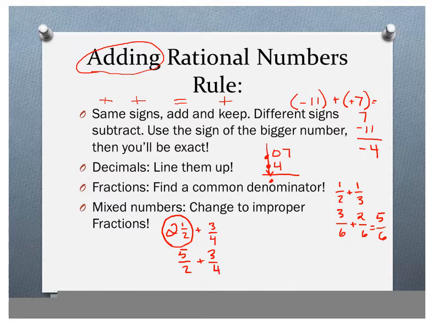We still can't do anything with it because the bottoms don't match, so we have to change 5 halves. Okay, and then remember as well with rational numbers such as fractions, you need to find lowest terms. So 4 goes into 13 3 whole times, 1 left over.